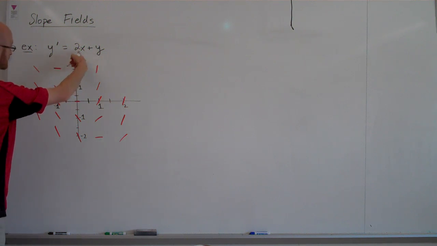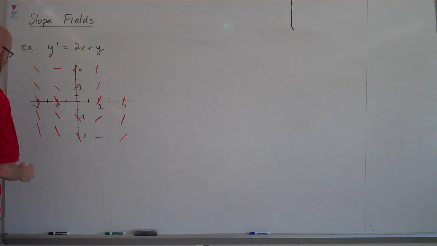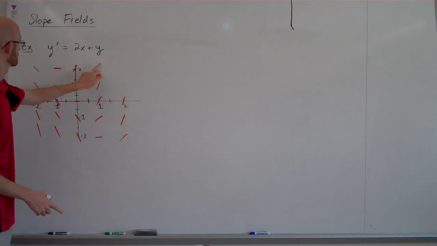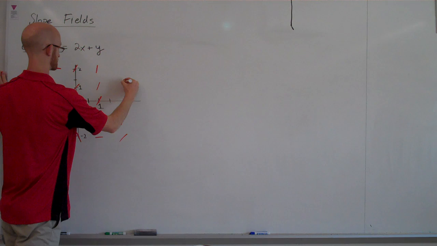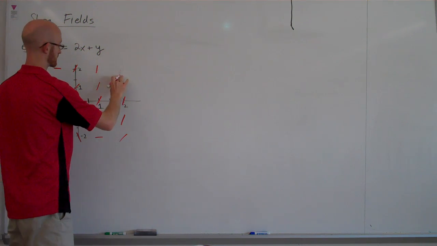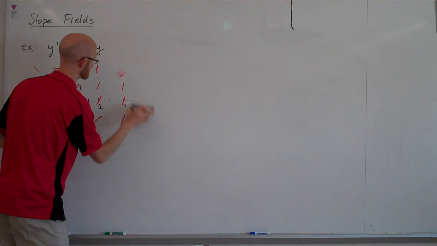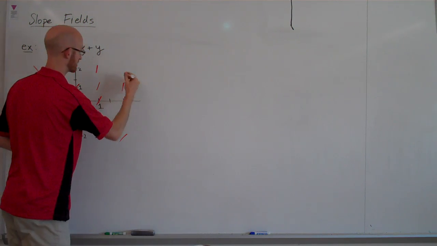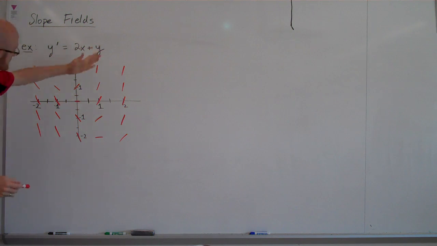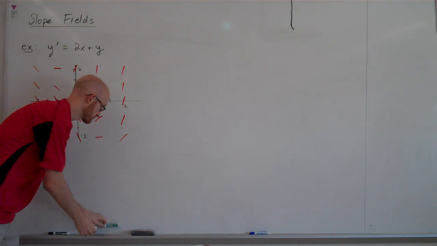And negative 2, negative 2 would be negative 6. And I guess I left these two off. 2, 1 would be 5, and 2, 2 would be 6. So anyway, I tried to draw it somewhat accurately. It's not going to be perfect. But you can see the way that this function would behave.